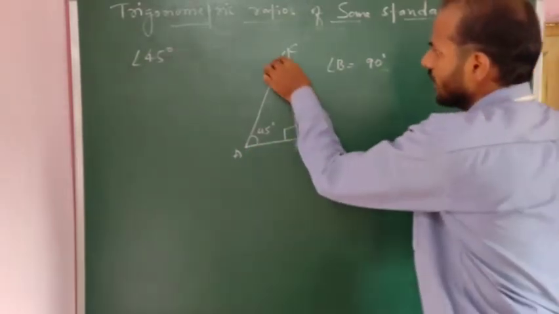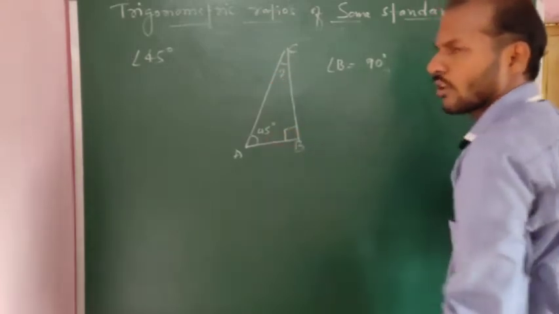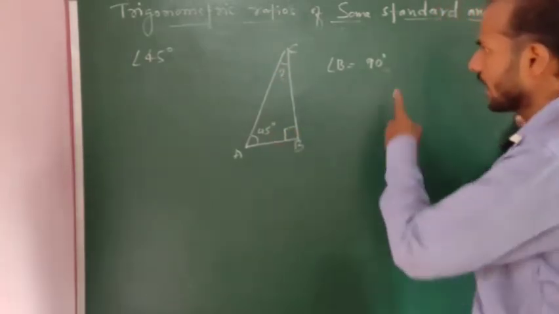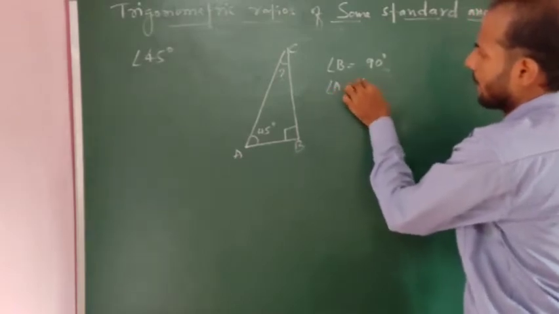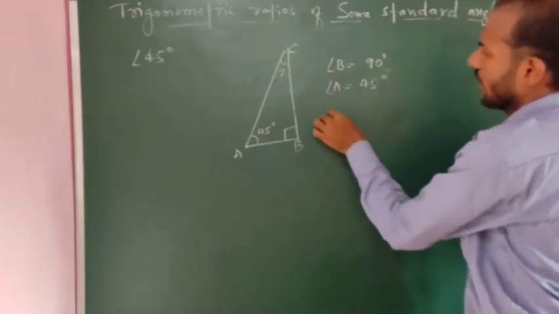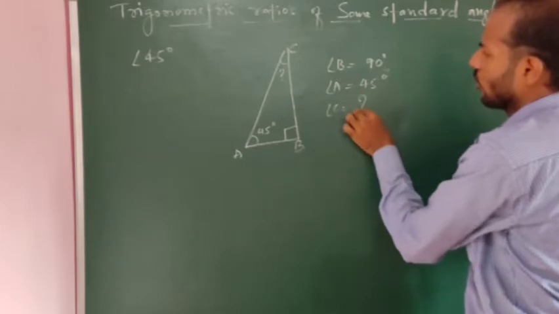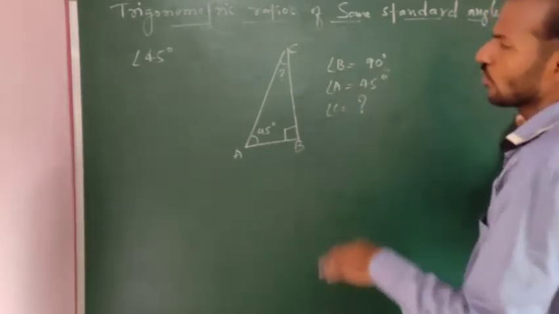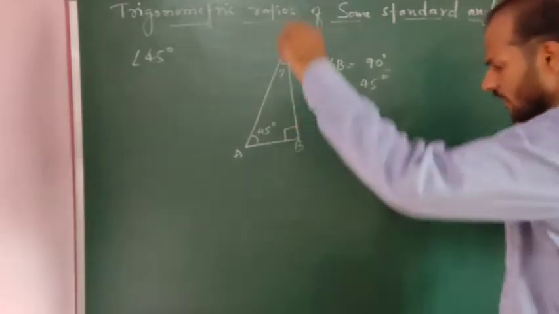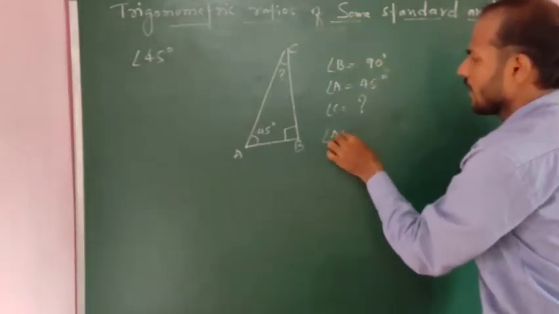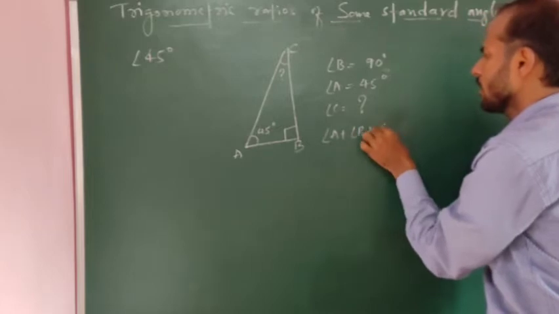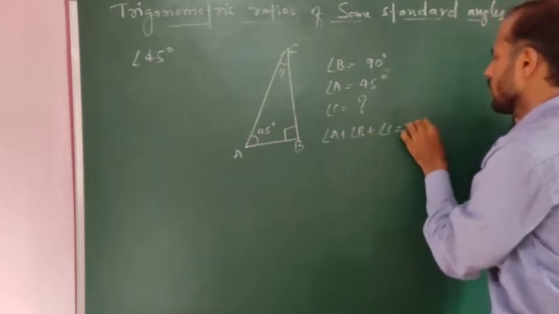Then what is angle C here? We don't know angle C. Angle B is 90 degree, angle A is 45 degree, angle C we don't know. Now we know the standard form: angle A plus angle B plus angle C equals 180 degree.